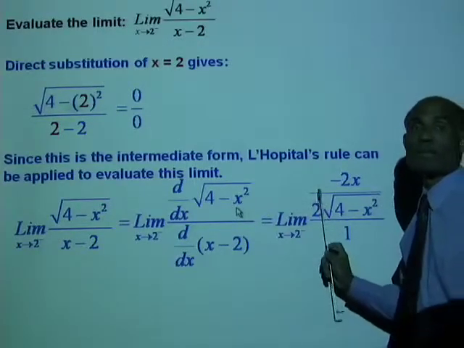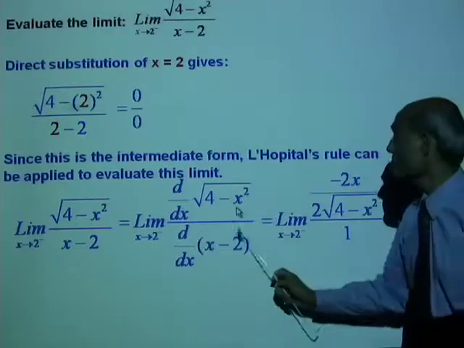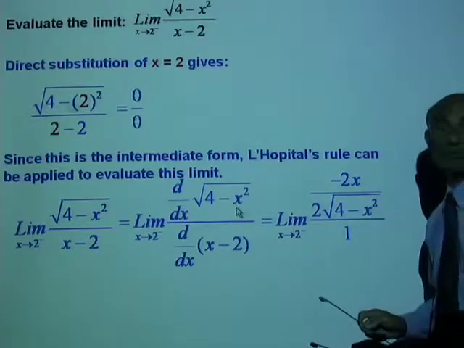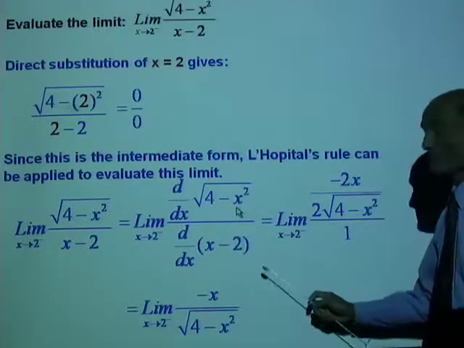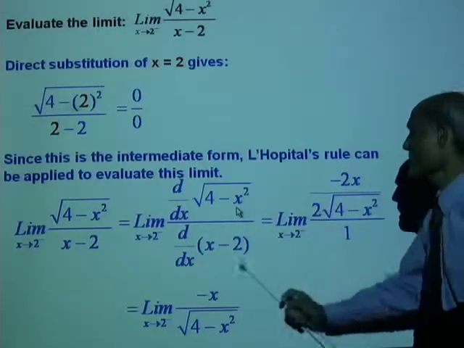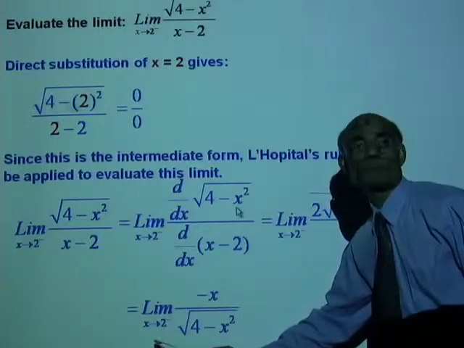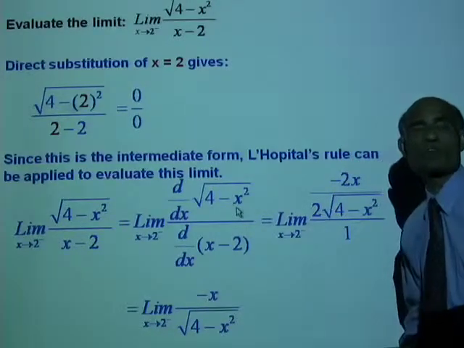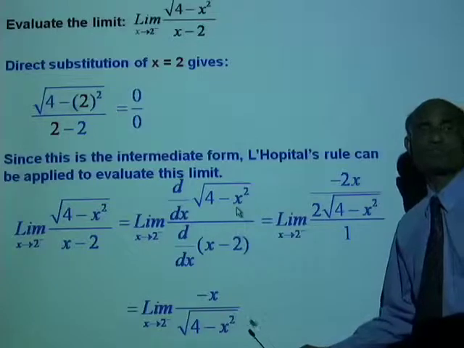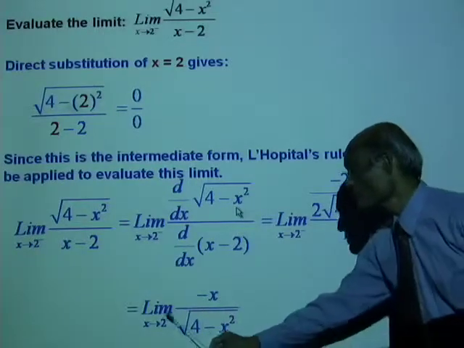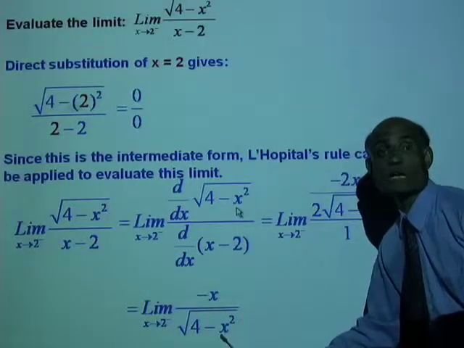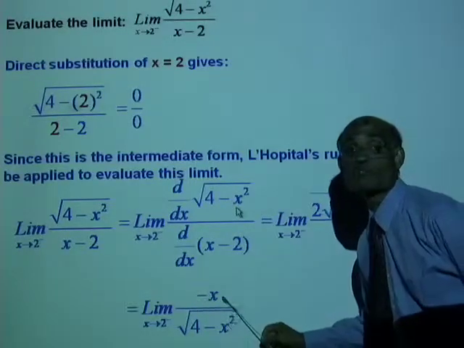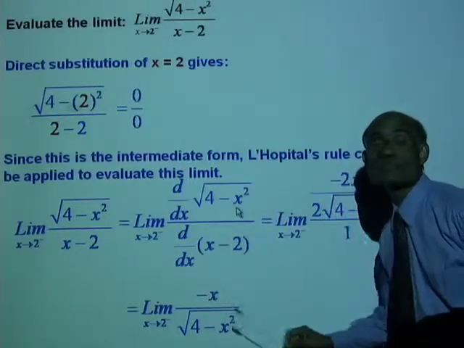Alright, can you now replace x by 2 and see what happens? Simplify this, you get limit x approaches 2 from the left, negative x over square root 4 minus x squared. If you replace x by 2 here, the denominator becomes 0, the numerator will be negative 2.